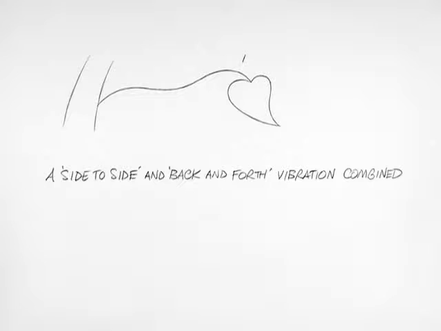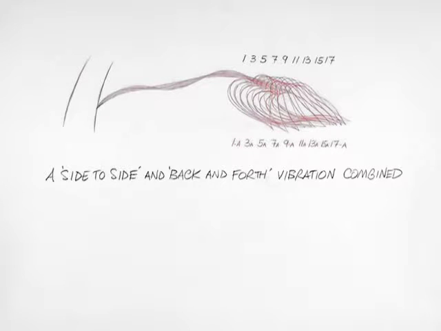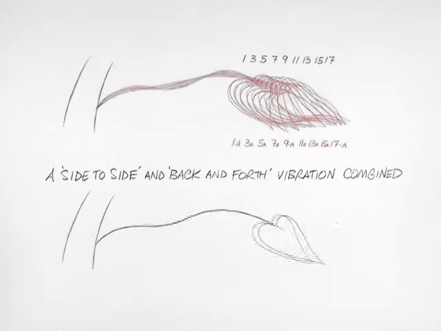Now we'll combine a side-to-side with a back and forth vibration. Here's our first path. And here's our second path. And we'll interleave them. So that's our side-to-side. Now, let's run them back and forth.